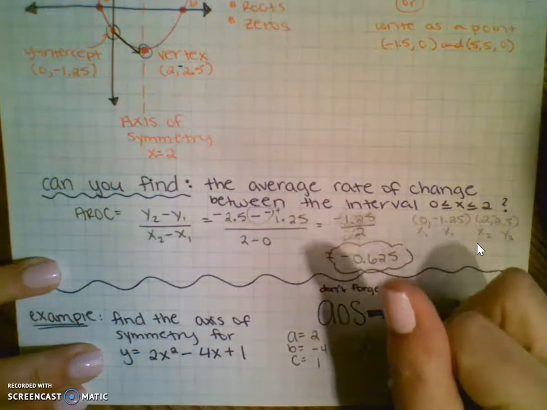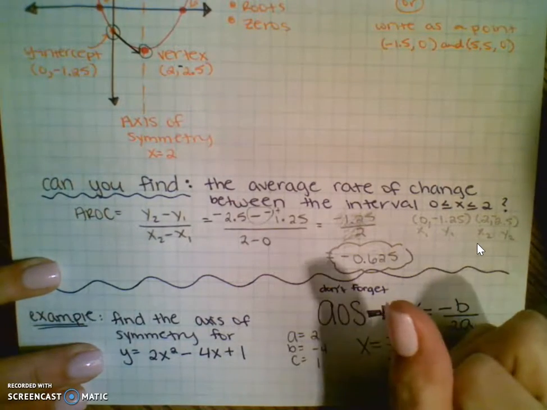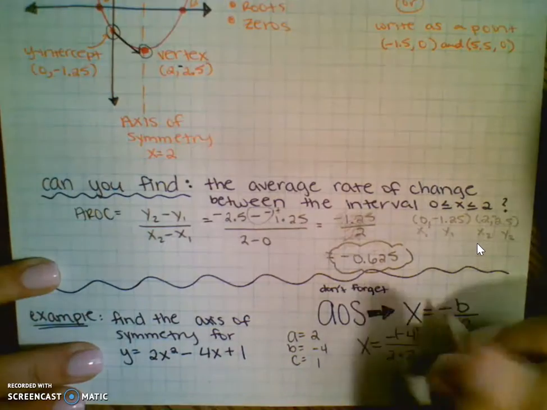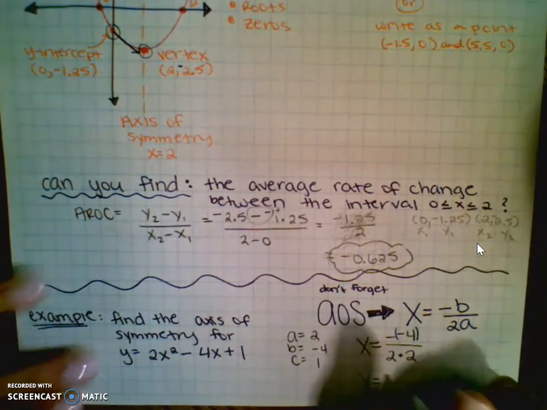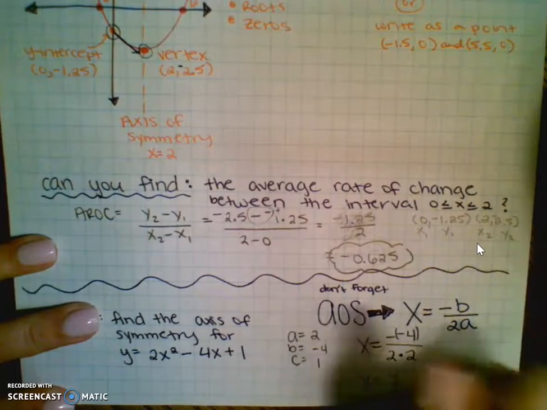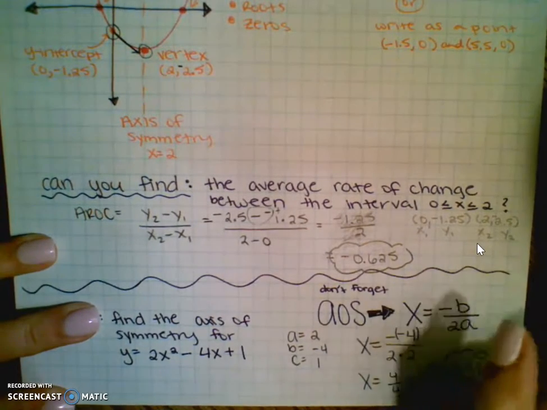Okay, if you want to, you can put parentheses around it, over 2 times A is 2. Okay, so this ends up being x equals 4/4, which equals 1. So my final answer would be x equals 1.